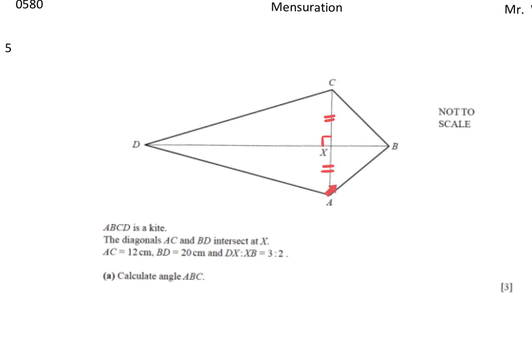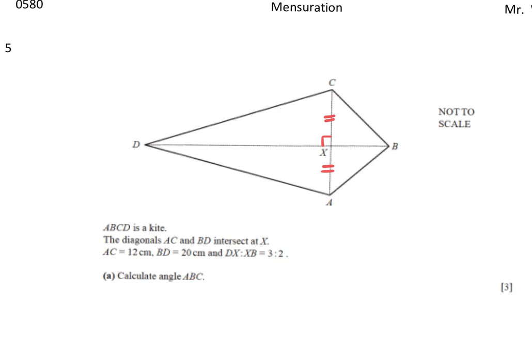DB bisects AC and is perpendicular to AC. Now, it's given that AC equals 12, BD equals 20, and the ratio between DX to XB is 3 to 2.